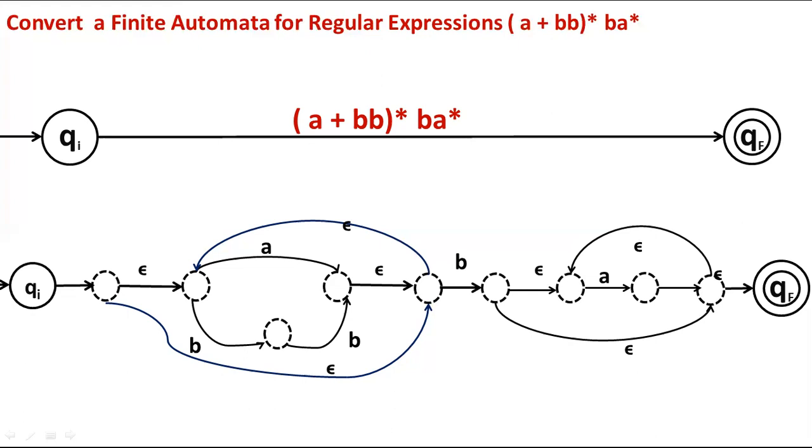Then what you have to do, first step, you have to draw a transition diagram. Then you have to convert the transition diagram into non-deterministic finite automata with epsilon moves. Then you have to convert that to non-deterministic finite automata without epsilon moves. And now you have to convert the NFA to DFA. So we will see the remaining part in our next video.